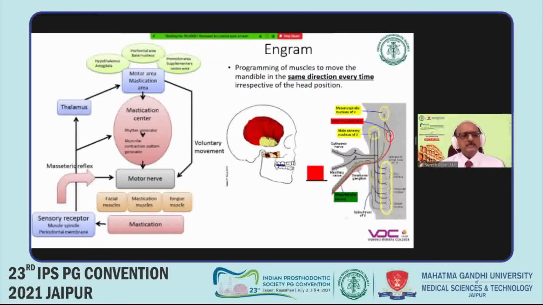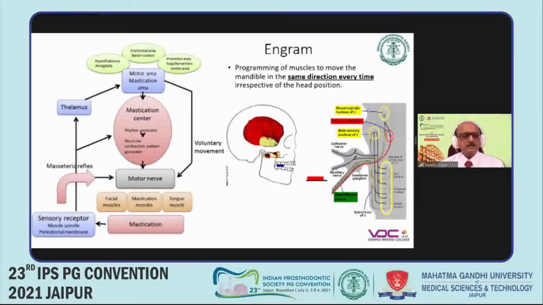Well, there is something called an engram. It is the programming. And how does it happen? Because of the movement and what kind of food we are having, all that sensory input is given by all the sensory areas, and then it will be processed, and then the information is given back to the muscles which are moving the mandible.